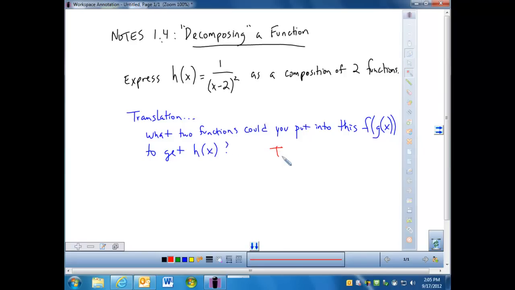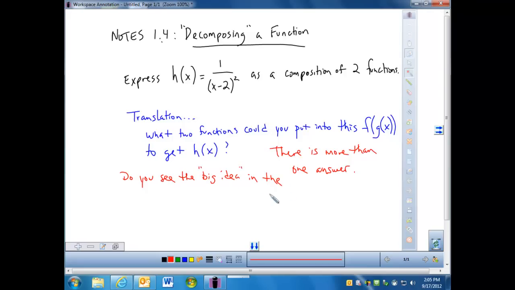Okay, so again, we're looking for two functions that you could put together to get this final composite function. So again, what is the big idea in h of x? To me, I see a fraction.